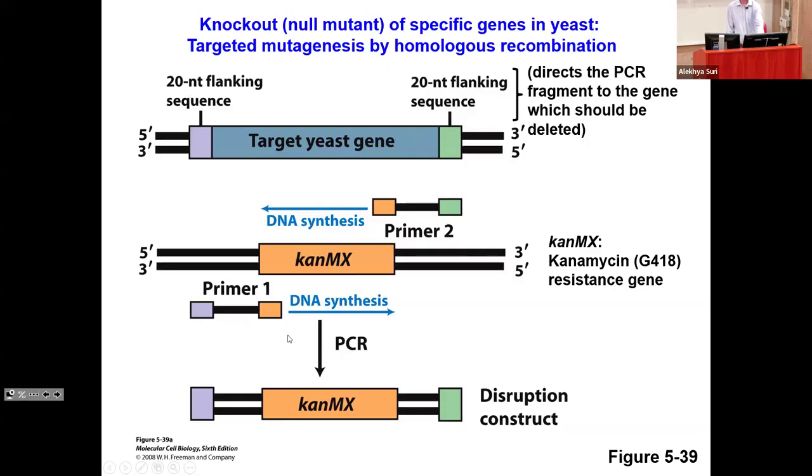So the purple and green interact with the purple and green boxes on the chromosome, and the target yeast gene, the blue box, is replaced by the kanamycin resistance gene. This is shown on the next slide.